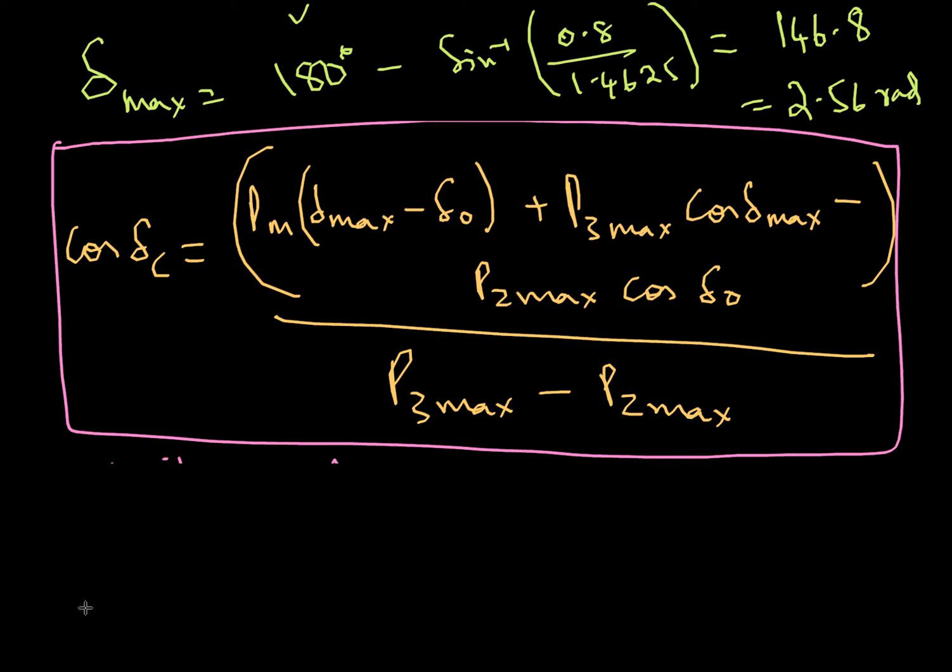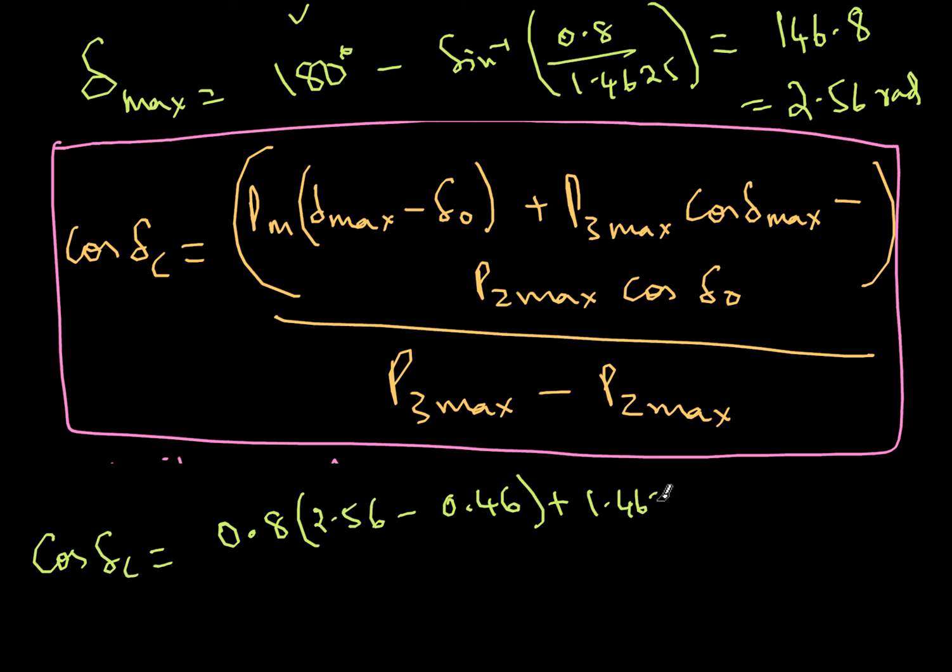Here is the formula. From this, I'll find cos of delta C equal to, PM is 0.8 given in the question, times delta max in radians, which is 2.56 radians, minus delta naught. Delta naught also I have to give in radians, so that is 0.46, plus P3 max, we just calculated, that is 1.4625, times cos of delta max.